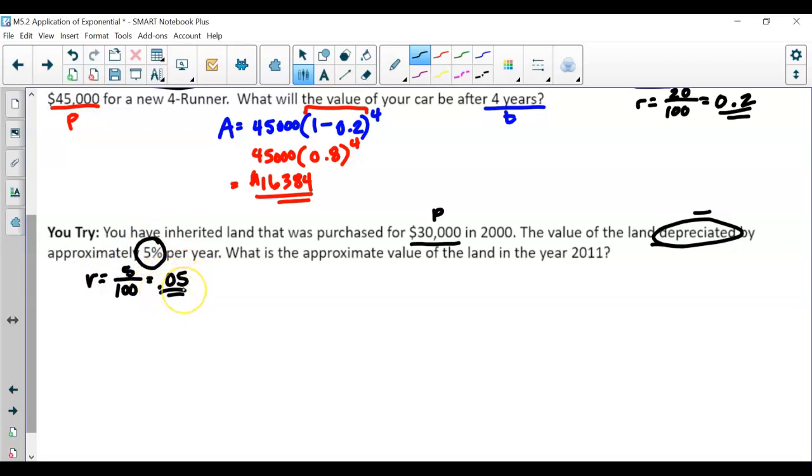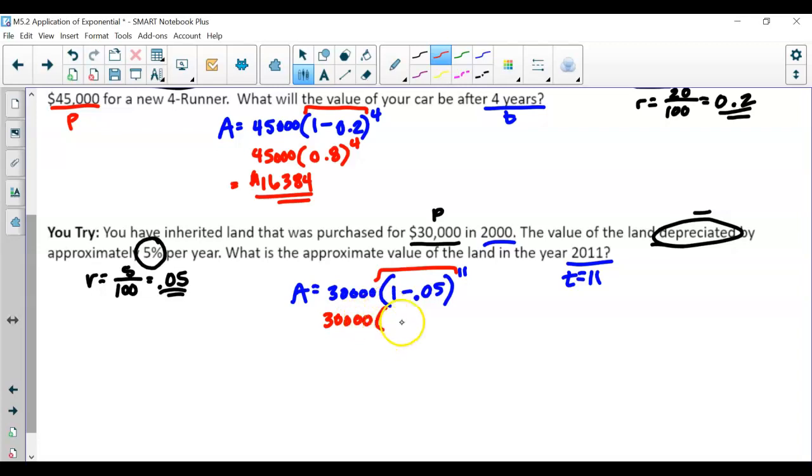So this is our rate. What is the approximate value in 2011? So T is equal to 11 years, 2000 to 2011. So you should have set this up as 30,000. That's our start. But then times 1 minus, depreciating, 0.05 to the 11th power. So this is the same as when you put in the calculator 30,000 times 0.95.